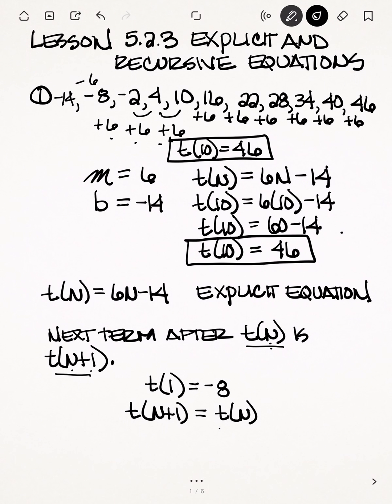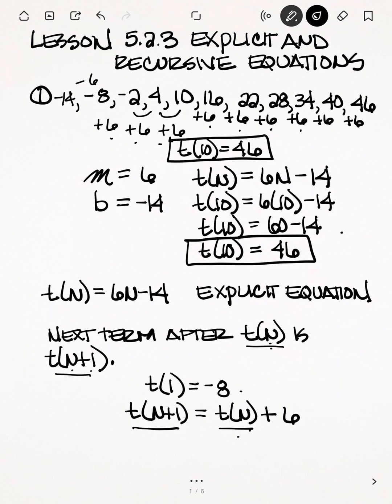What would I have to do to this to find this? Well, up above, looks like I added 6 every time to get to the next term. So if I know one term and I add 6 to it, I will have the next term. And that is my recursive equation. You have to know one term in order to find the next term after that.